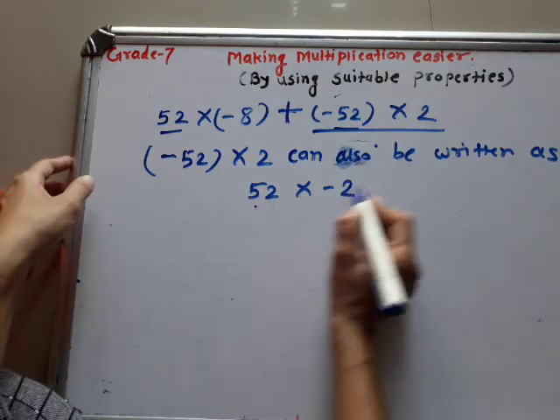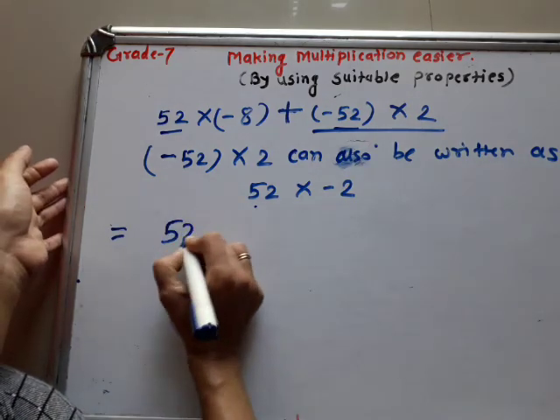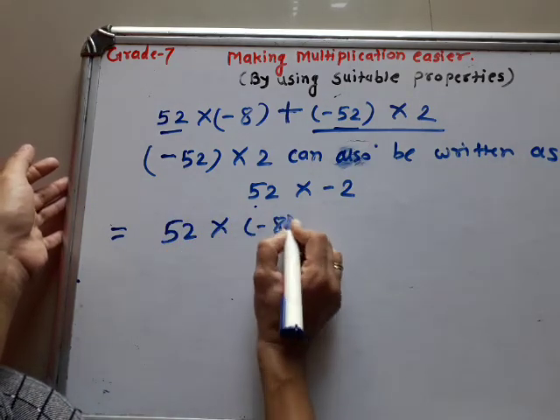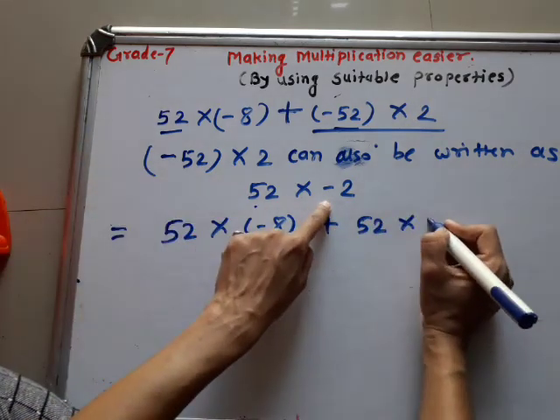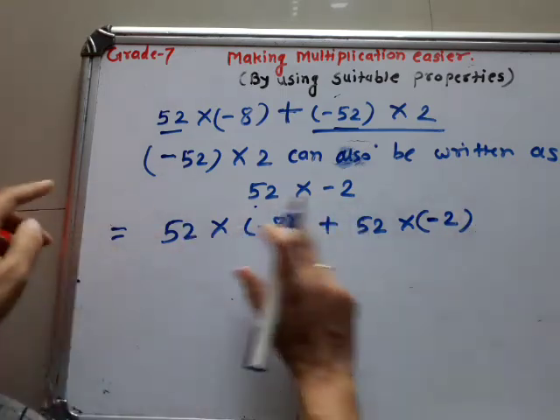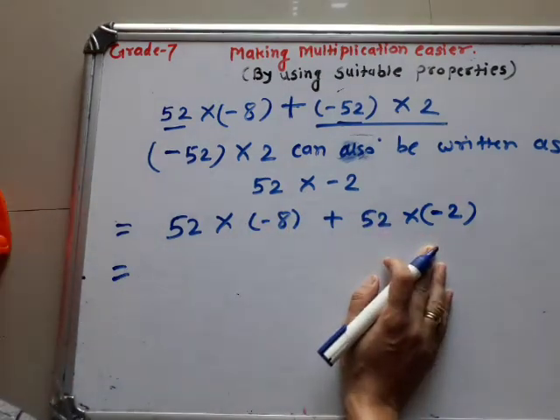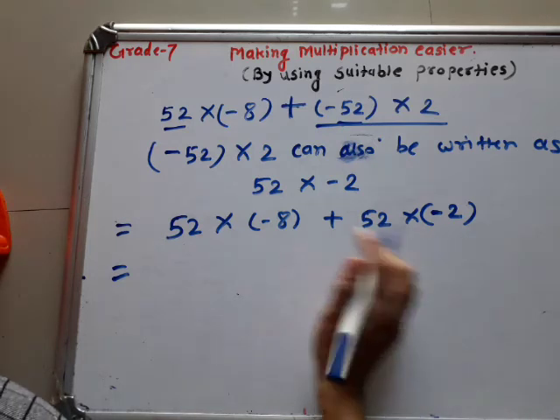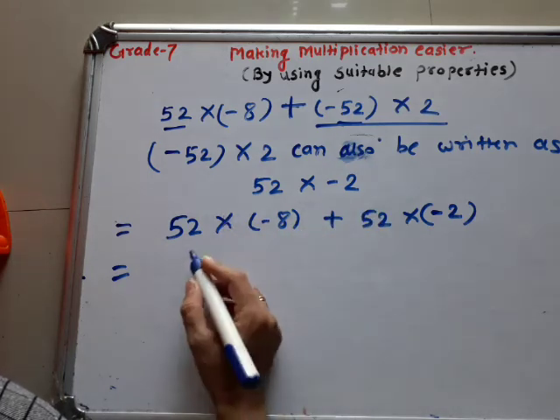So here we change the sign of this number, and we get the new expression: 52 multiply by minus 8 plus 52 multiply by minus 2. Okay, in multiplication we change the sign of the number because we get the same answer.